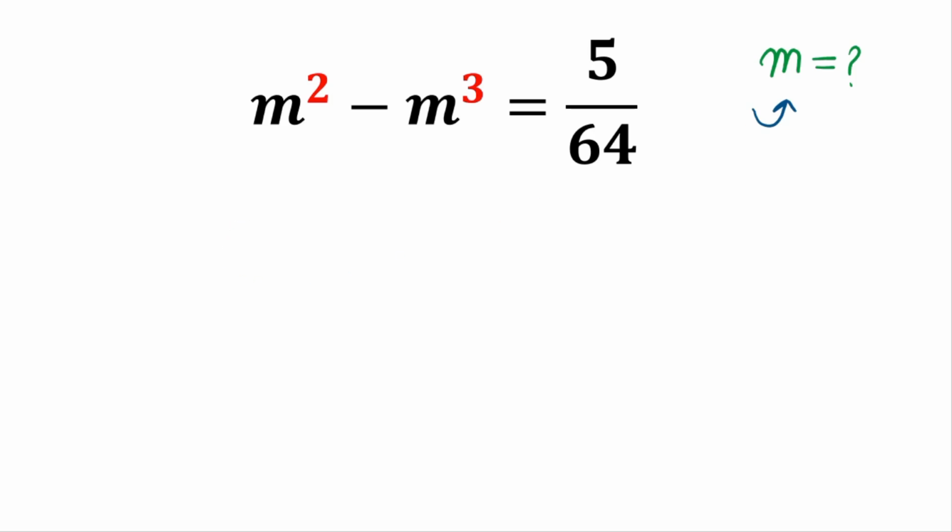Here we have m square minus m cube equals 5 over 64.